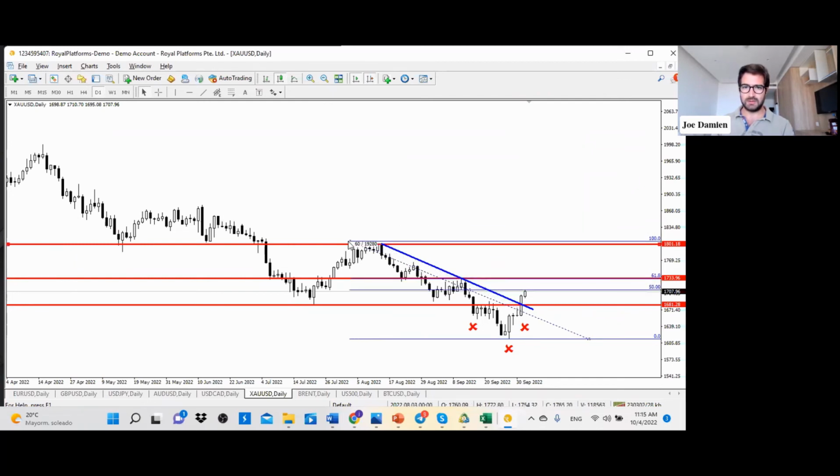If I use the exact high, okay, so we have the 61.8 here, right at this level, 1733. We have a resistance as well, which is a relevant one. So most probably the market will reach this level, find some new sellers here, and then push the price to the 1682.